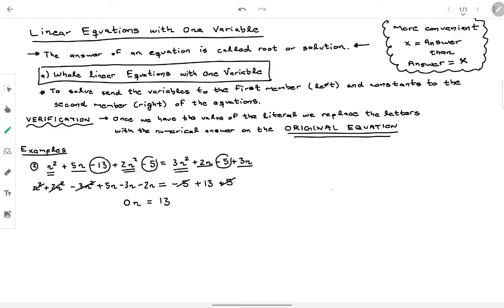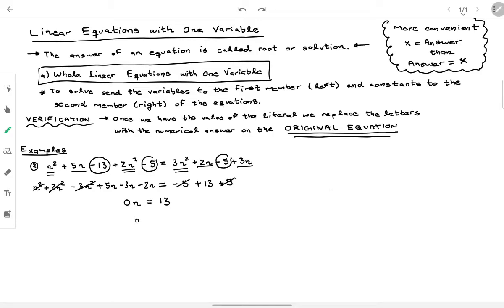Here we will have something specific. 0 multiplied by any number will be 0. So it's impossible for n to have a specific value. Why? Because we cannot find any number that multiplied by 0 will get us 13.